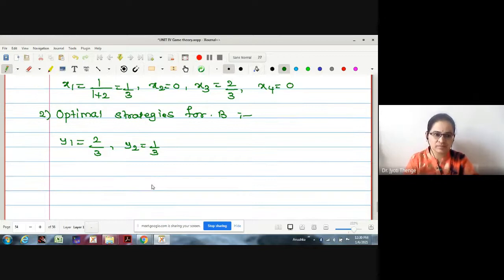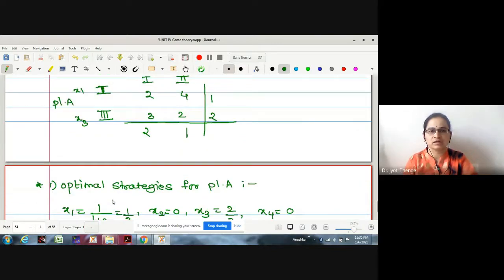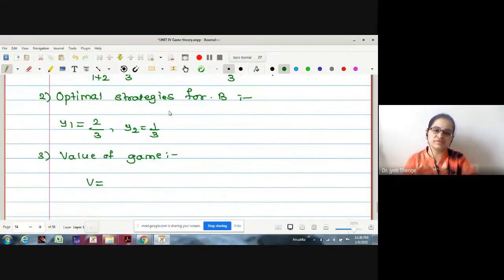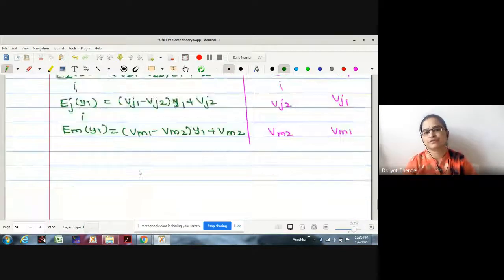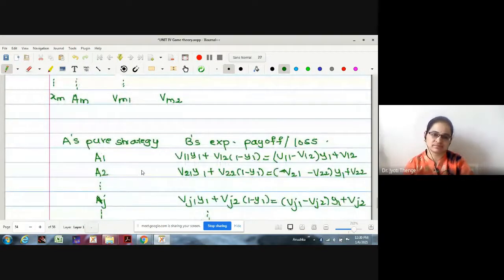What's the value of the game? Minus 8 by 3. You have to find the determinant in the numerator. The determinant is 2 into 4, 4 minus 12, minus 8, divided by 3 as it is. Is that okay? Yes, ma'am.